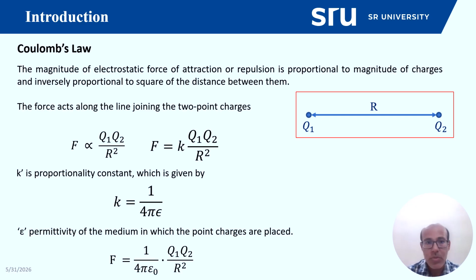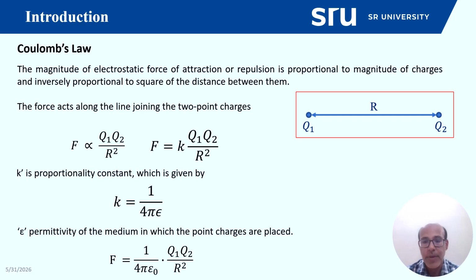Before we go into the Gauss law of electrostatics, let's first have a relook at Coulomb's law. Suppose there are two charges, Q1 and Q2. Let them be positive or negative charges. As you know, like charges repel, unlike charges attract.